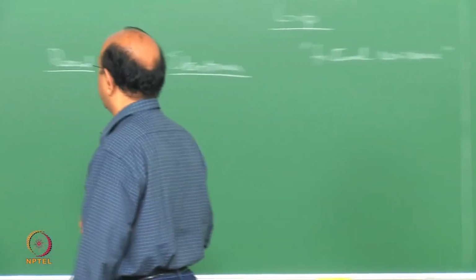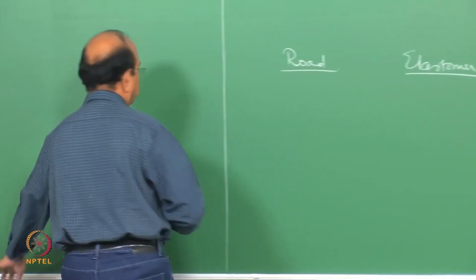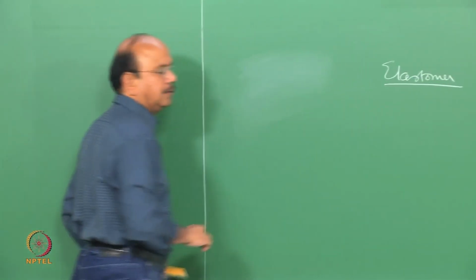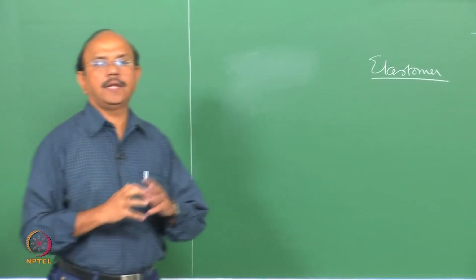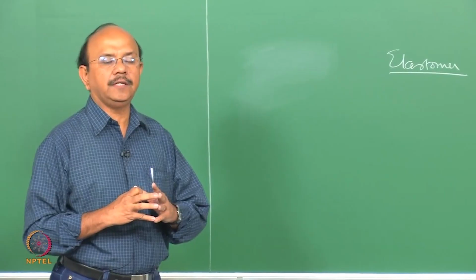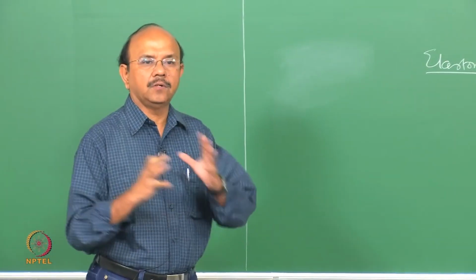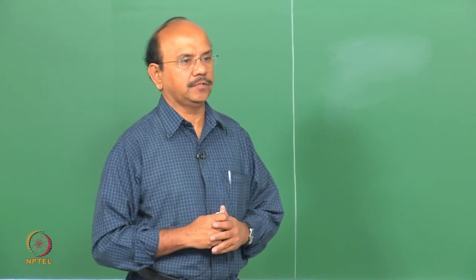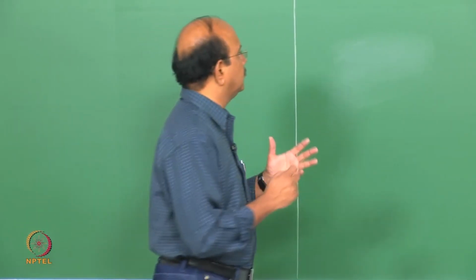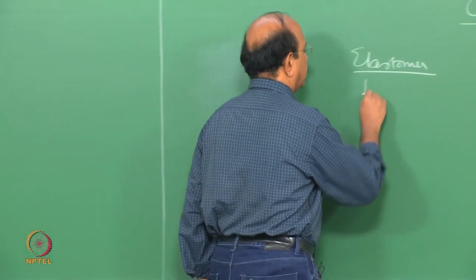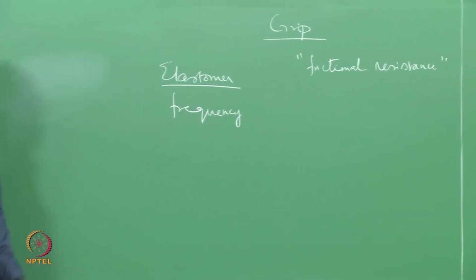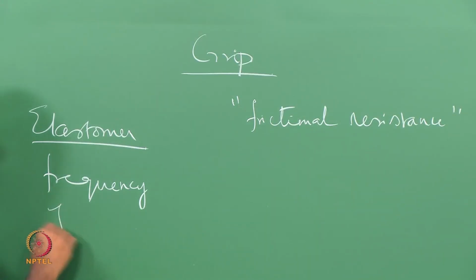Just to summarize what we did about the elastomers, we said that elastomers are basically viscoelastic materials. In simple terms, they are viscoelastic materials. We said that there are two things that have an effect: one is the frequency and the other is the temperature.